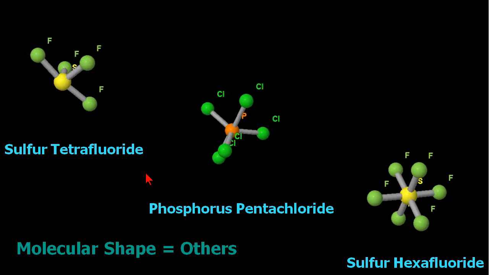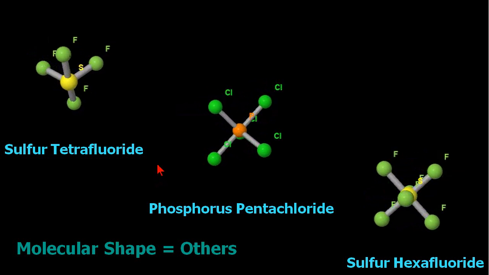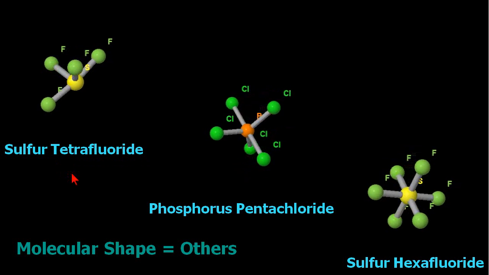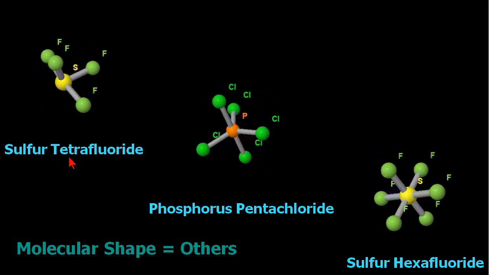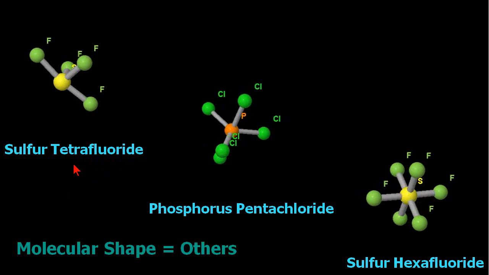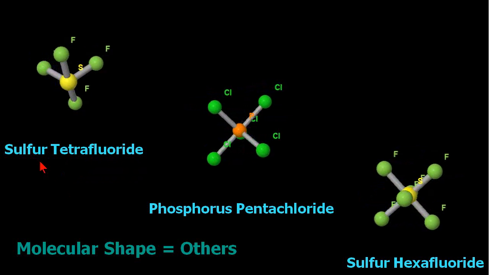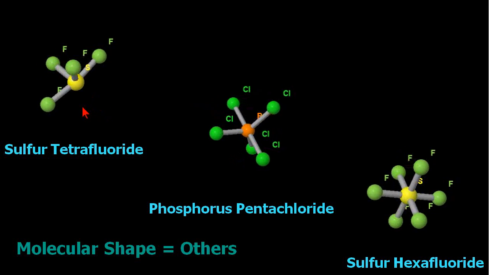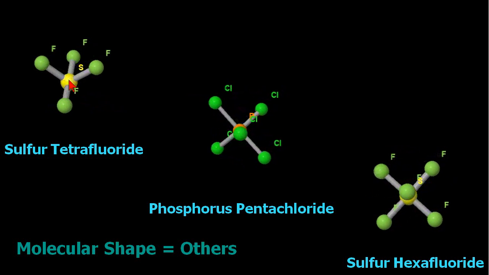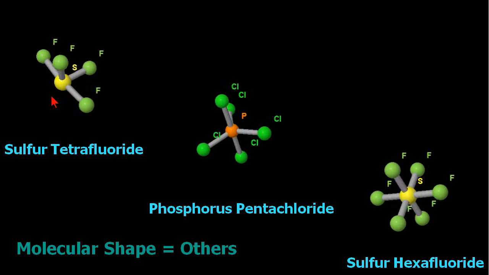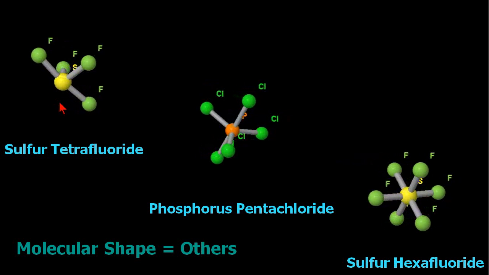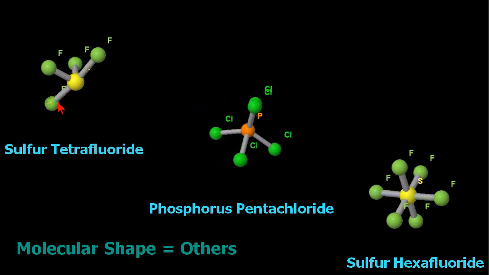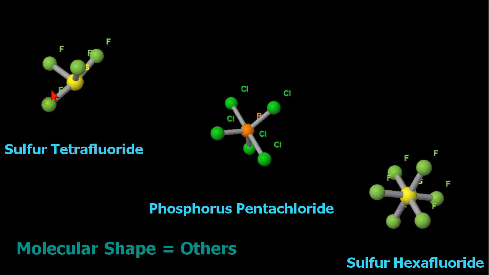In addition to the molecular shapes we've covered, there are other shapes which for this course we're not responsible for knowing. For example, this is sulfur tetrafluoride. If you look at this shape, you can easily guess that this central atom has 5 pairs of electrons around it, and it just happens to have 4 of those pairs occupied with atoms.